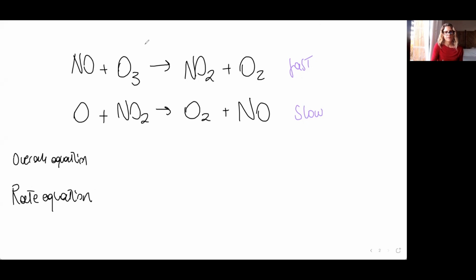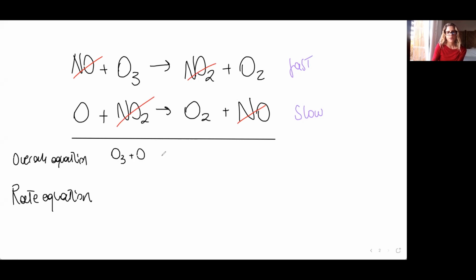For the overall equation, we will need to put those two together, canceling out things that repeat on the reactant and product side. We would cancel out this and this. And the overall equation would be O3 plus O to give 2O2. This is our overall equation.